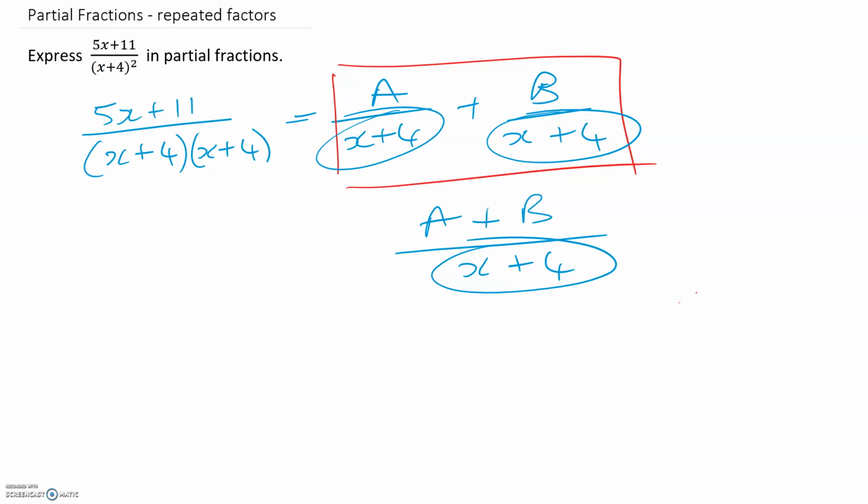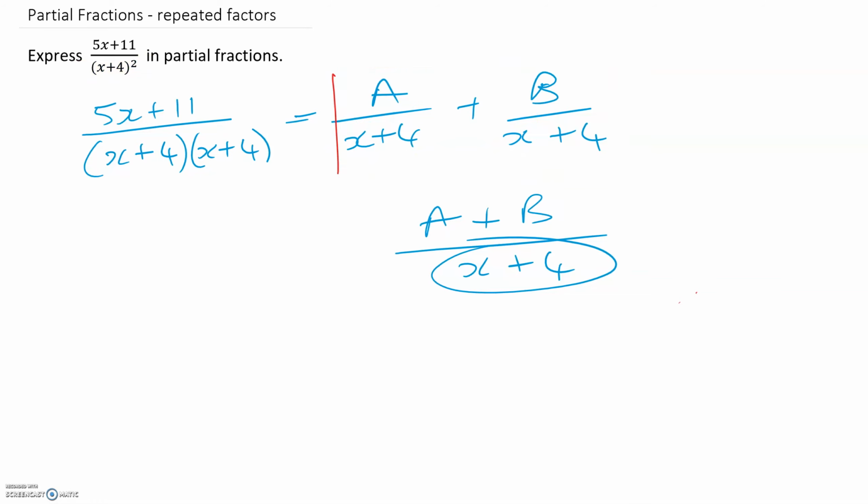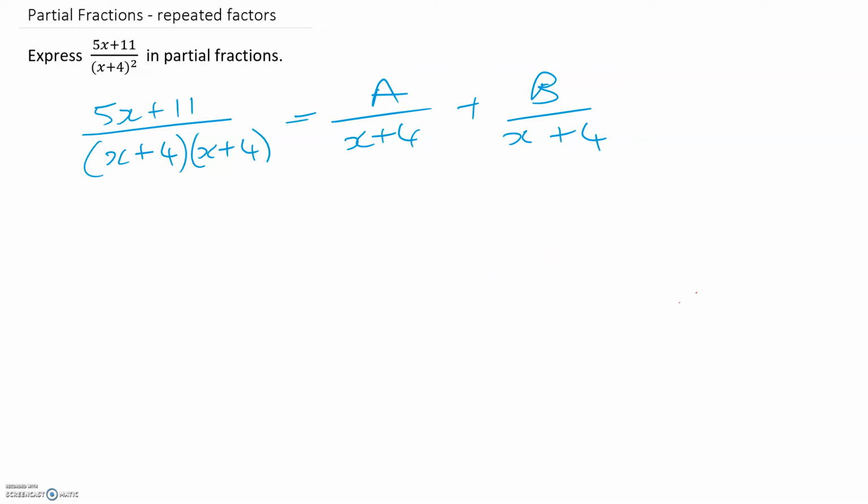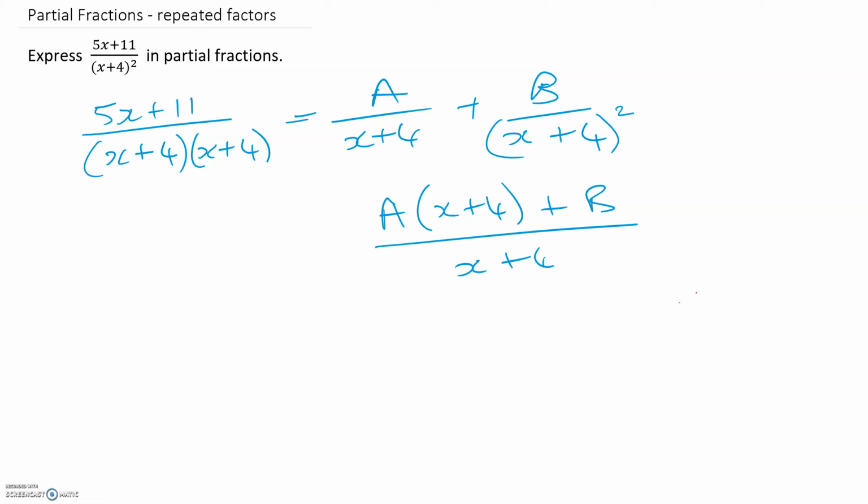We need to choose different values for our denominators. So instead of splitting it up into that, we need to put an x plus 4 squared on the denominator of our second bracket, because then when you get a common denominator, you would have a times by x plus 4 plus b over x plus 4 all squared, which is what we would want, because we need to get that denominator there.